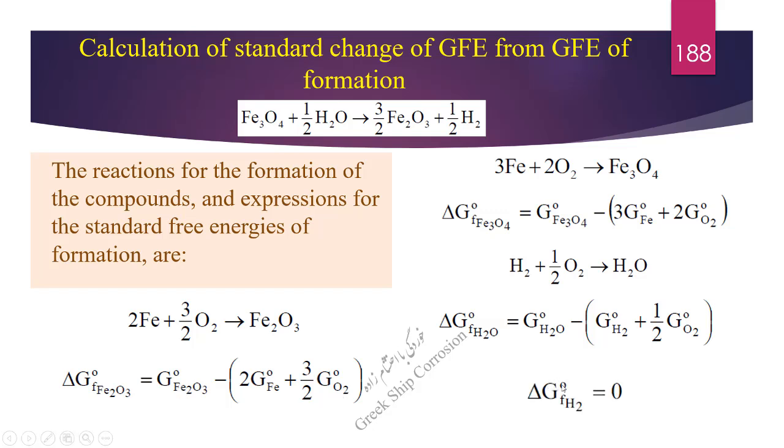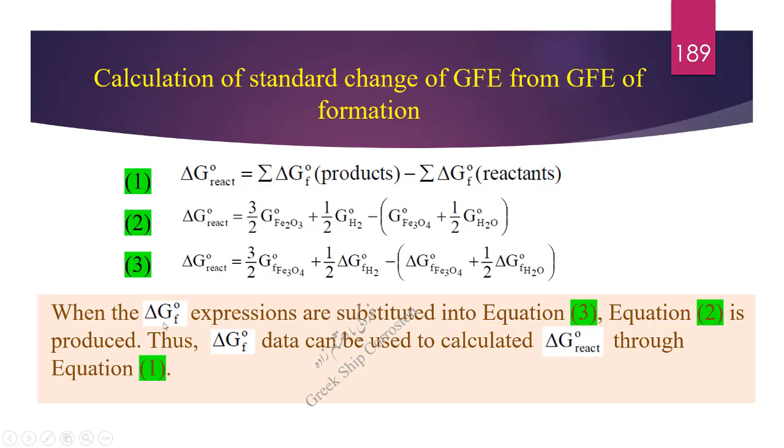The standard Gibbs free energy of formation of hydrogen is equal to 0 as an arbitrary reference value. When the standard Gibbs free energy of formation expressions are substituted into equation 3, equation 2 is produced. Thus, the standard Gibbs free energy of formation data can be used to calculate the standard Gibbs free energy of the reaction through equation 1.